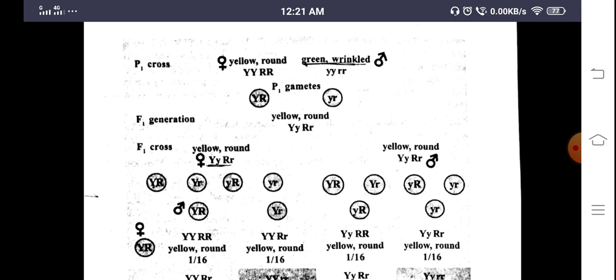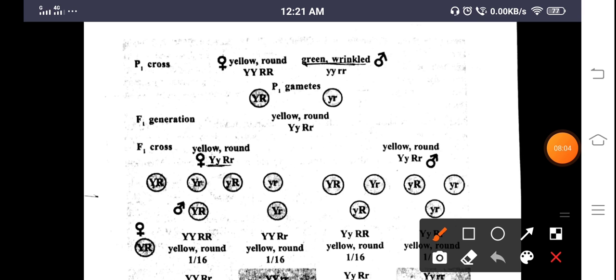So if these are self pollinating, acting again as two parent plants, now when you take these, how are the gametes produced?